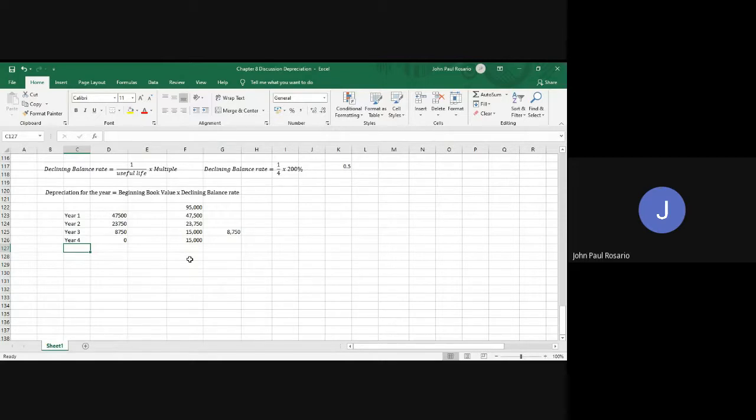So with that in mind, they charge more in the earlier years compared to the latter years. Okay?